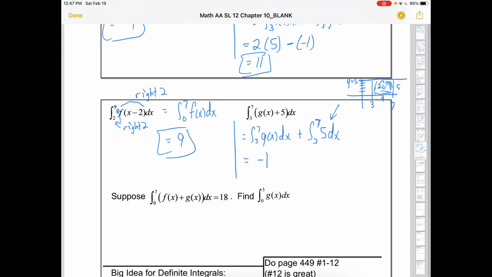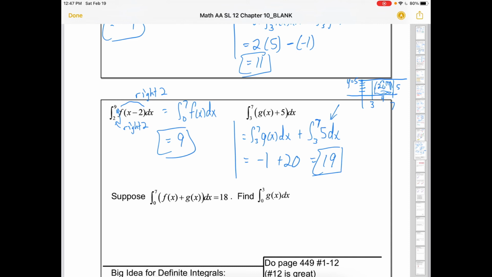What's the area under y equals 5 from 3 to 7? It's 20. So we get 19 as a final answer. Now, notice here that we may end up with other more algebraic ways of approaching this, but there is this geometric interpretation.